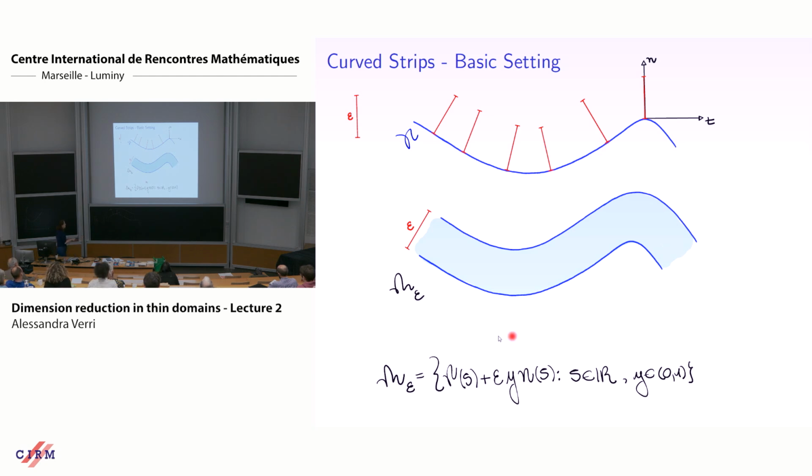Here you have our reference curve, gamma of s, and here we have our transversal variable, y. y is in the interval from 0 to 1, and we add this parameter epsilon in this part.